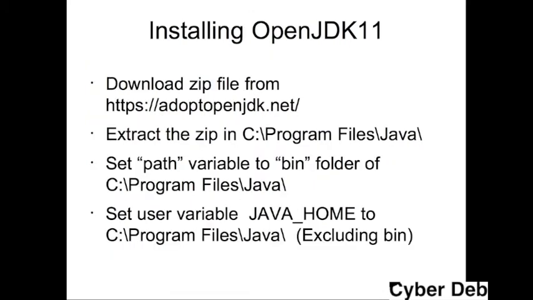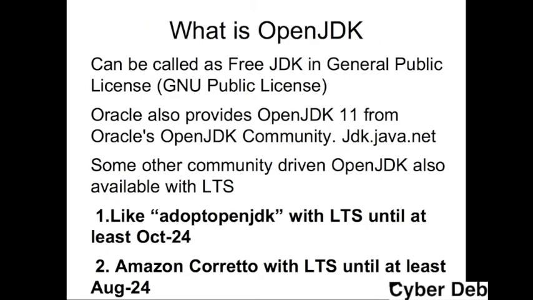If you want to install OpenJDK, you can use the Oracle URLs, or you can use adoptopenjdk.net. You can go for Amazon Corretto, which also provides a downloadable zip, but the best one I found is Adopt OpenJDK. We will look at the installation in the next video. Thanks for watching.